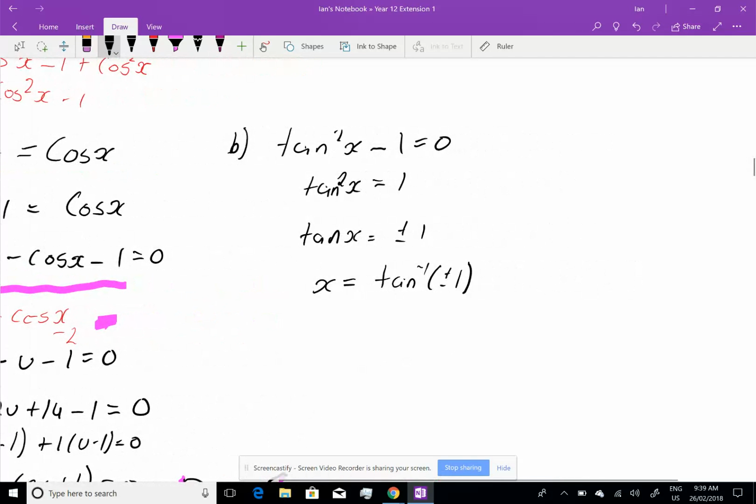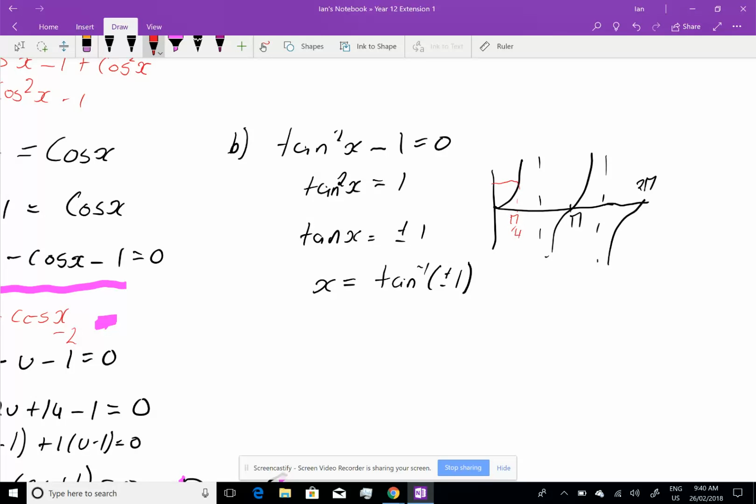Now if I think about the curve of tan x, and there's my 2 pi, there's my pi. Now I know that if I go inverse tan of 1, that's 45 degrees. So if I do 1 here, that's going to be pi on 4.